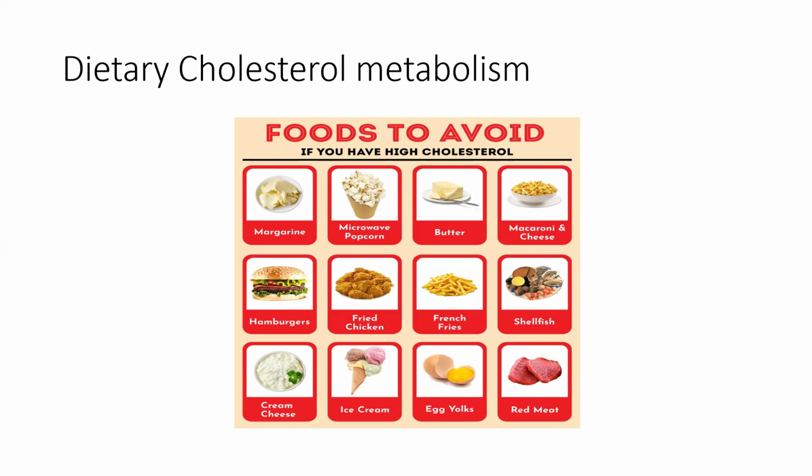So we can see these foods are to be avoided if anyone is having high cholesterol. The foods are as follows: all fried foods, dairy products, eggs, and meat, basically animal-based products, as you can see. These are a few examples of cholesterol containing foods.